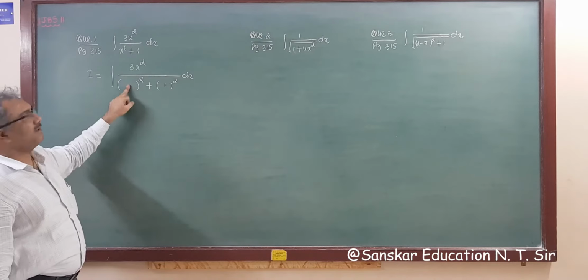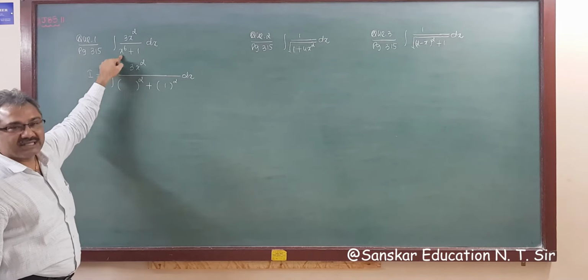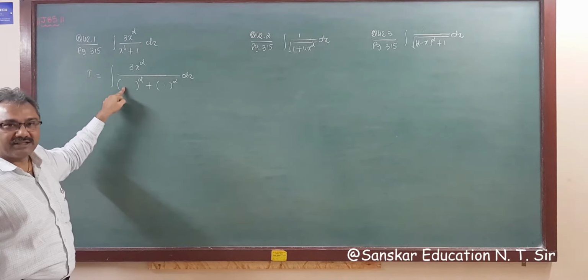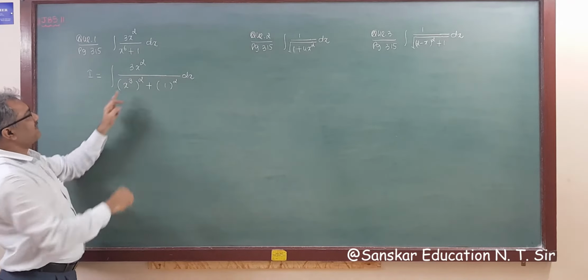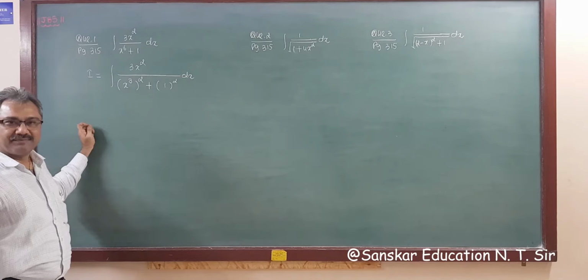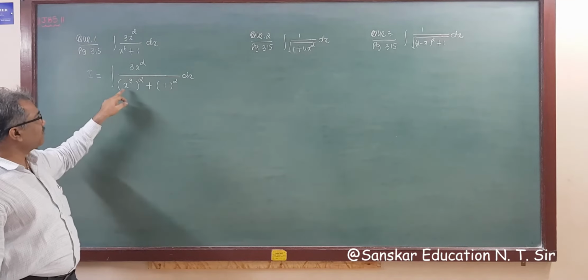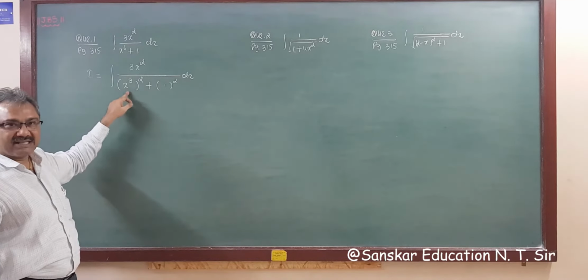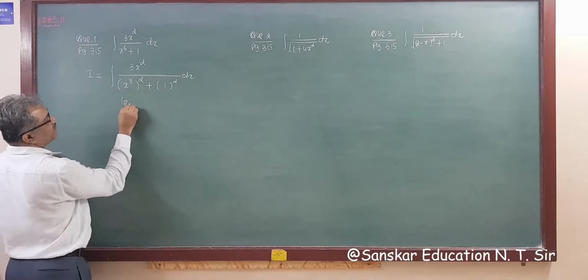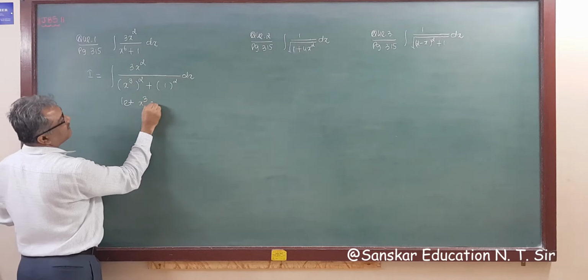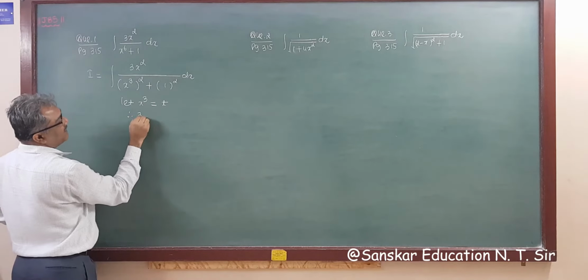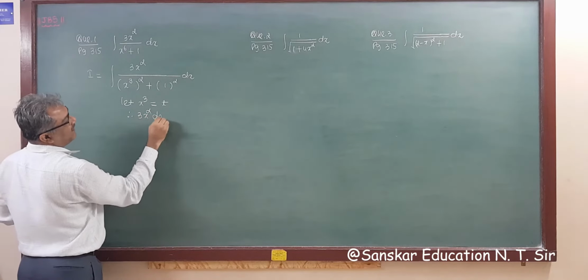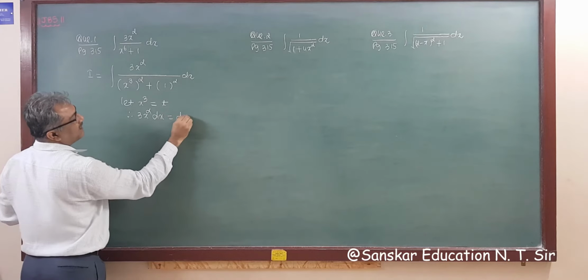Now here we require it is given x raised to 6, so we must have to write x cube. So I am writing x cube square, that is 3 into 2, that is 6, right? That means we have to assume for this, because this is a new thing. So if we assume let x cube is equal to t, then derivative of this is 3x square dx is equal to dt.